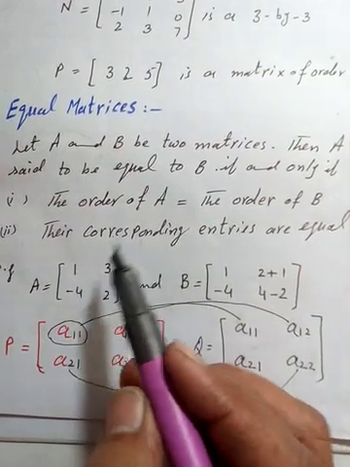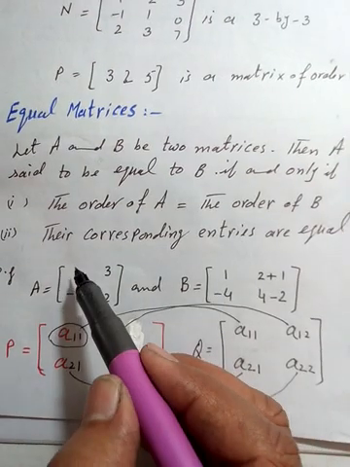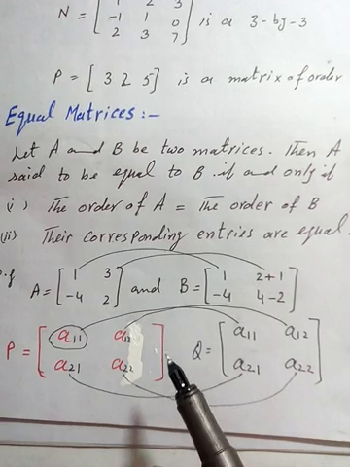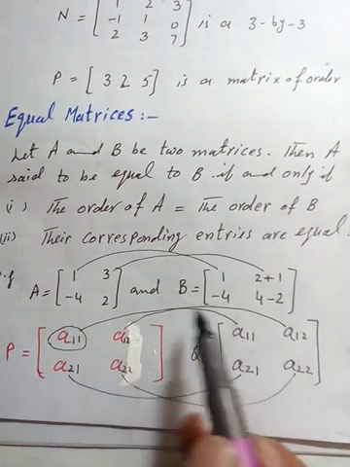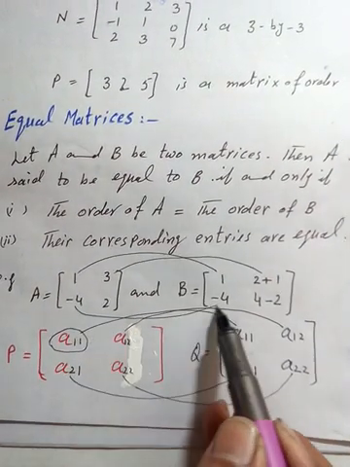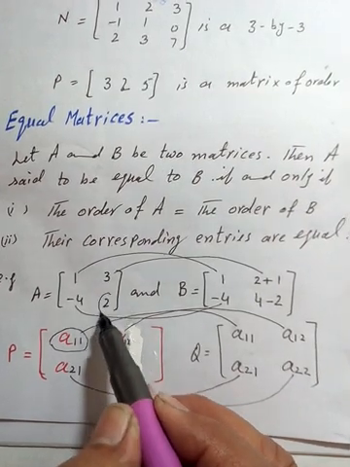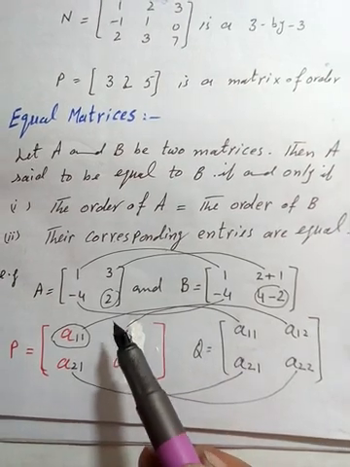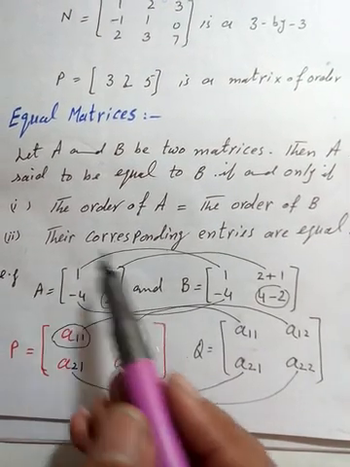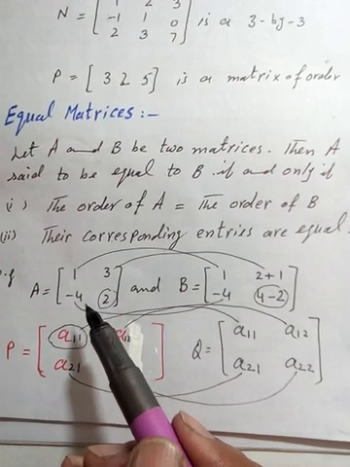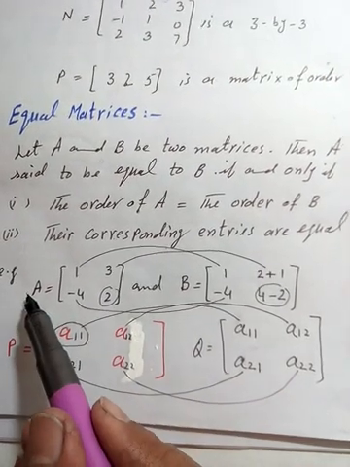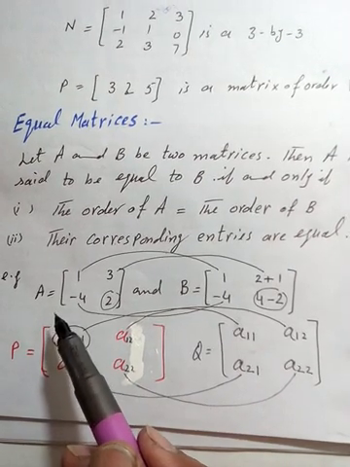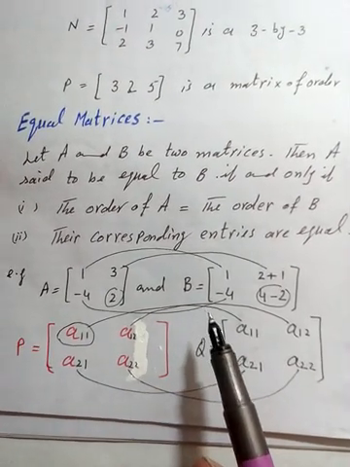In the second matrix, there are also 2 rows and 2 columns, so its order is 2 by 2. Now let's compare their corresponding elements. 1 is equal to 1, 3 is equal to 2 plus 1, which is also 3, minus 4 and minus 4, and 2 is equal to 4 minus 2, which becomes 2. So all corresponding elements are equal and their orders are also equal. So these two matrices, matrix A and matrix B, are known as equal matrices.